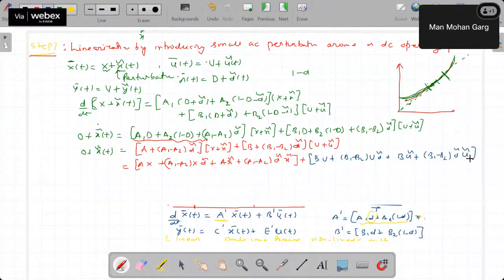Now we are introducing linearization. The X values are very large compared to these perturbation terms.